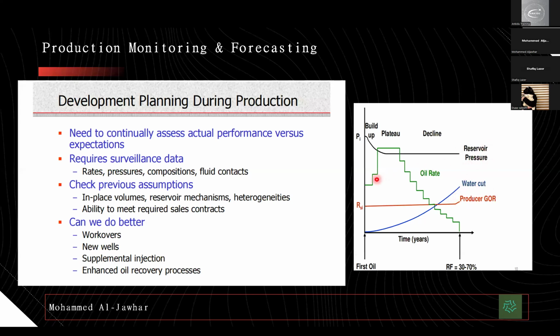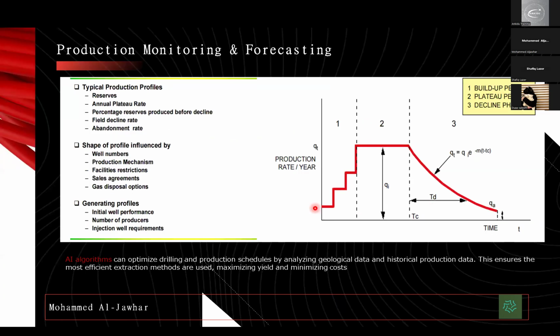We should follow certain monitoring techniques and forecasting to predict what our field is going to be in 5 or 10 years. We have to think where it should be from the first phase of production, because starting from the first day, you have a time to reach the maximum, and then you have the stable production rate, and then you can decline. So what is the shape of your production profile from your reservoir?